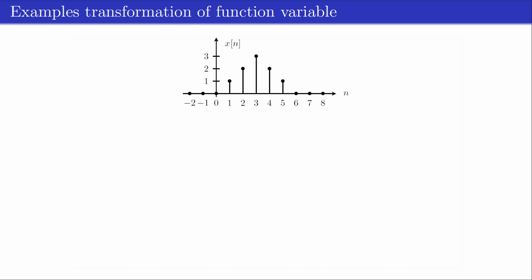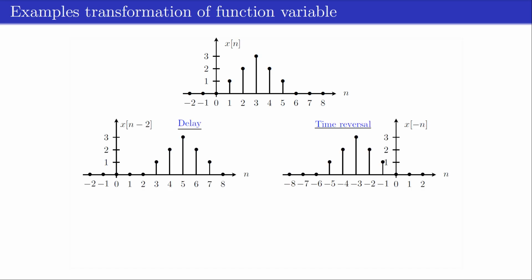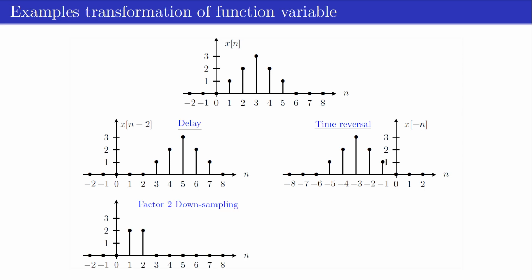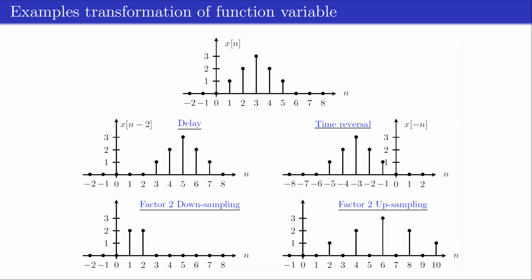However, for many transformations, this is not necessary, and the sequence may be determined or plotted directly. Examples of delaying, time reversal, and time scaling such as downsampling and upsampling are illustrated in the plots. Up and downsampling will be discussed in a follow-up video.